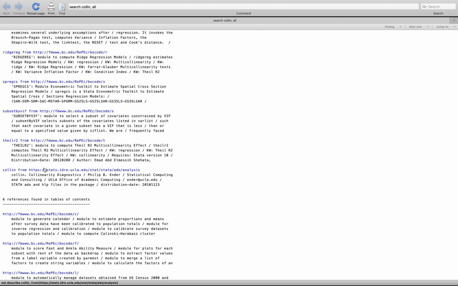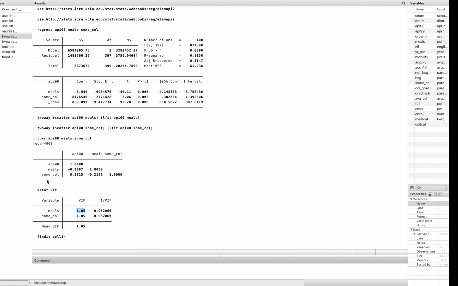You definitely don't have to install this because the VIF is enough for you. But if you wanted to install the collinearity diagnostic package, similar to most things in Stata, you only have to install it once and then it's there and you don't have to touch it again.